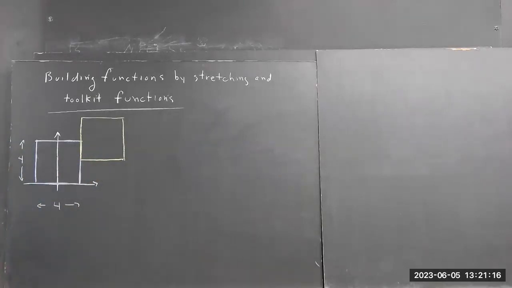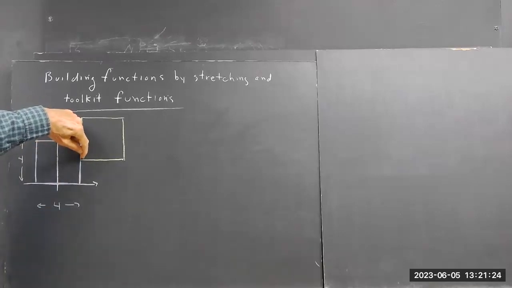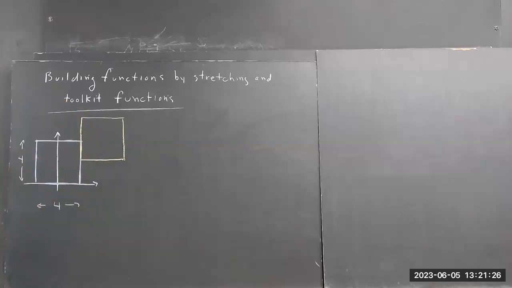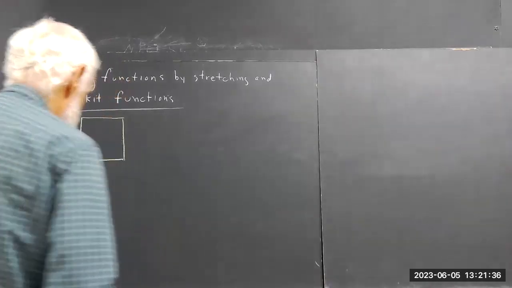This point here corresponds to which point on the purple box? This lower left-hand corner of the green box corresponds to what coordinate on the purple box? Think that through before you see me answer. You should be able to answer that question very easily.